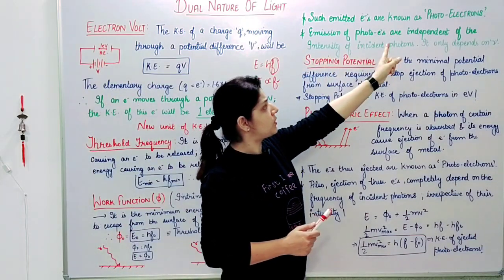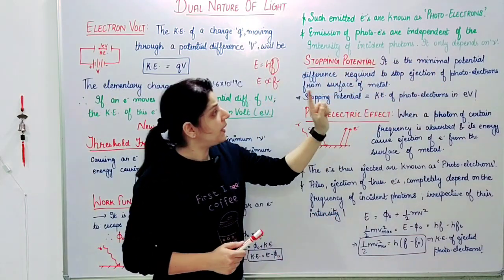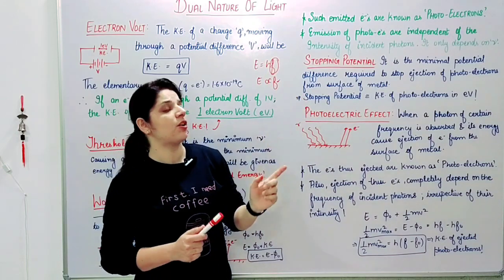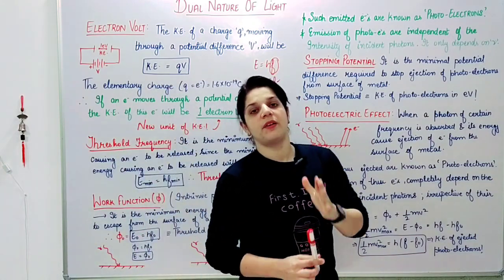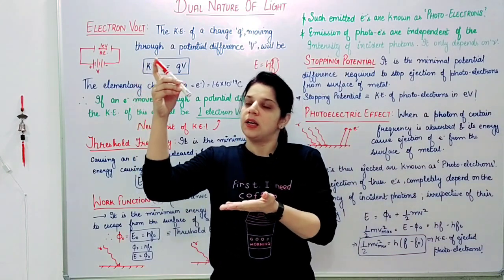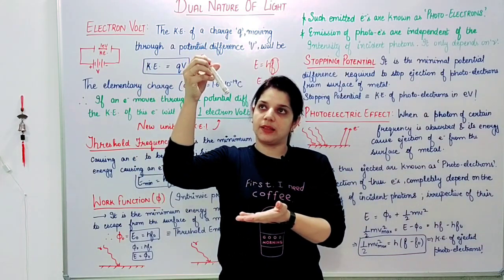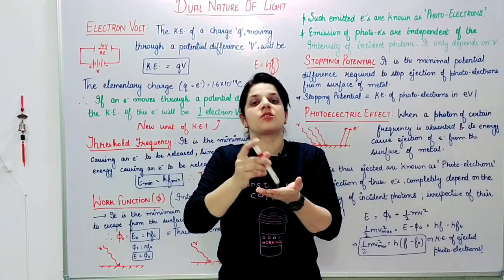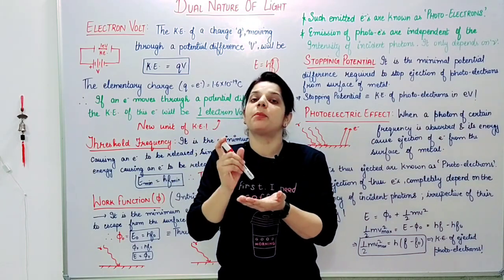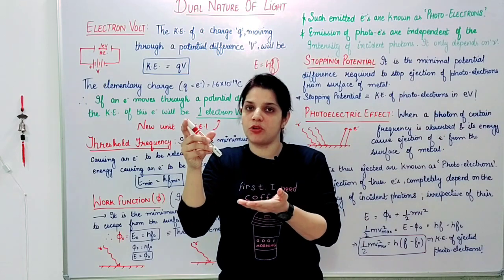Emission of these photoelectrons is independent of the intensity of the incident light. Now this is very important. Suppose I have this surface of metal, and intensity is defined as the number of photons striking the surface per second per unit area. So it is the number of photons.